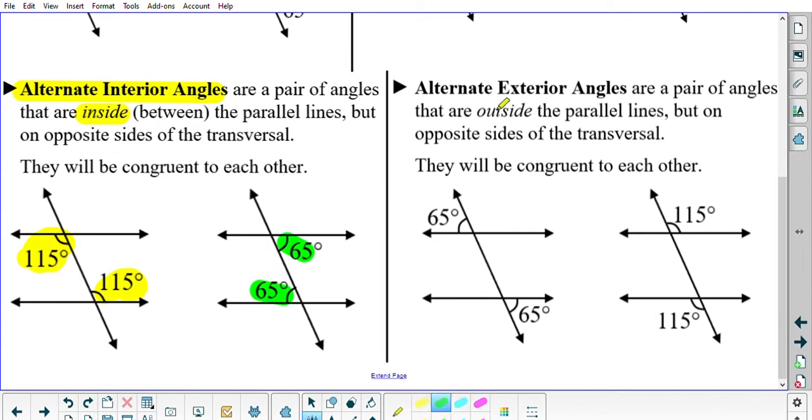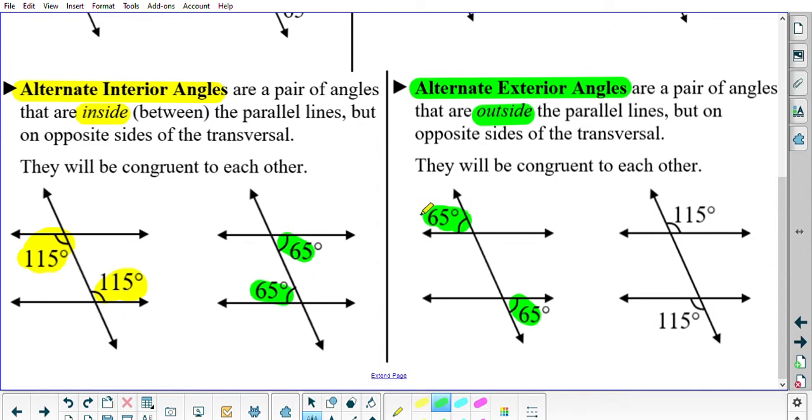Now, if they're outside of the parallel lines, and they happen to be on opposite sides of the transversal, then they're going to be what we call alternate exterior angles. So you'll see here we have a 65-degree angle above the parallel line, and then way down here we have 65 degrees below the parallel line, and they're on opposite sides of the transversal.